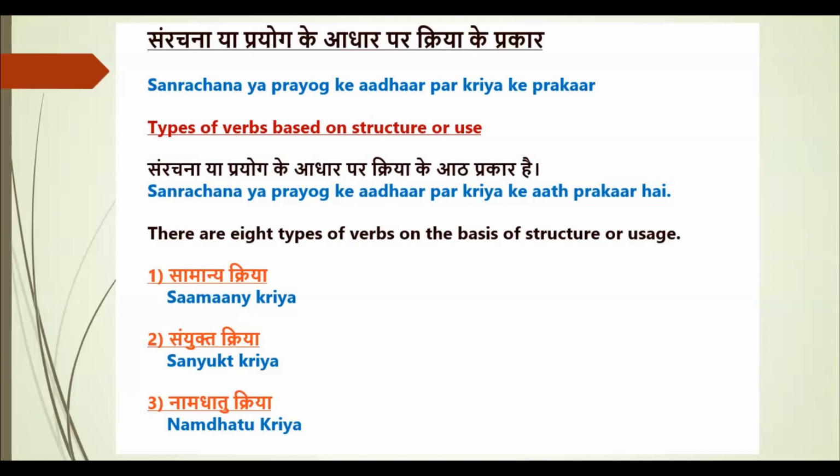This means types of verbs based on structure or use. संरचना या प्रयोग के आधार पर क्रिया के 8 प्रकार हैं. This means there are 8 types of verbs on the basis of structure or usage.